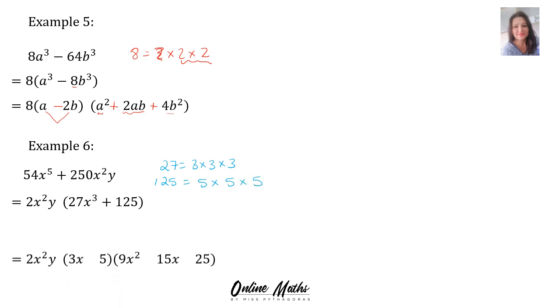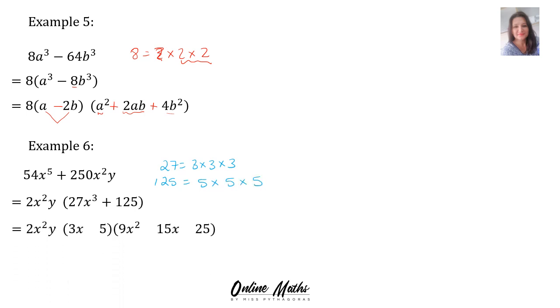So when you factorize, your small bracket will be 3x and a 5. So you used a 3 and a 5. Then your big bracket is 3 times 3 is 9x squared, 5 times 5 is 25. And your middle term is 3x times 5 is 15x. And since this is a plus, your brackets will be plus, minus, plus.